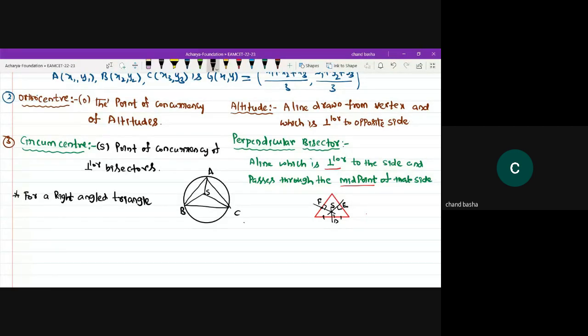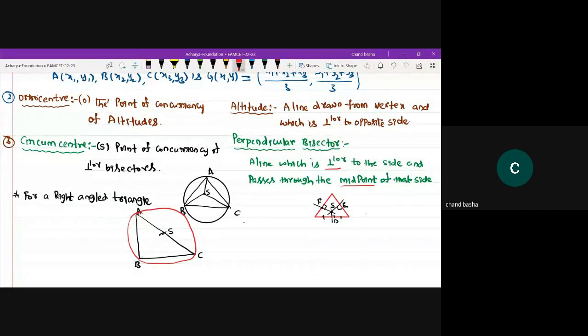If I'm taking a right angled triangle, then the circumcenter is the midpoint of the hypotenuse AC, because it acts as a diameter of the circle. Got it? AC is a diameter means, what is the center?